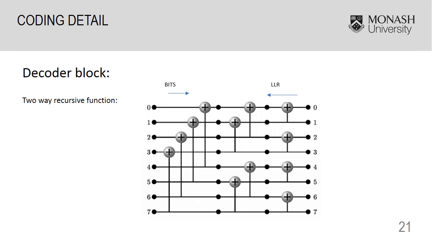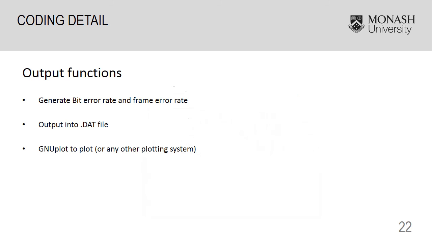Once all likelihoods and bits are updated, at all elements of the table where the value is equal to -1, which indicates an information bit location, substitute the d-hat value into that location, and that will give us the decoded message. After successfully decoding the message, the simulation will generate the bit error rate and frame error rate and output them into a .dat file.